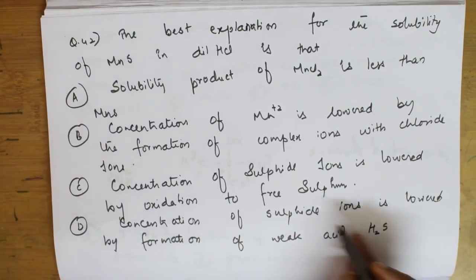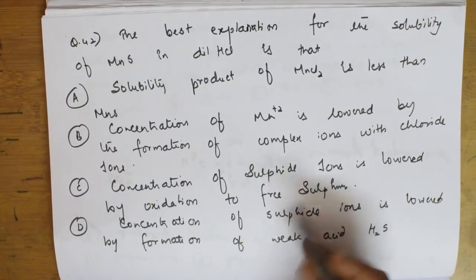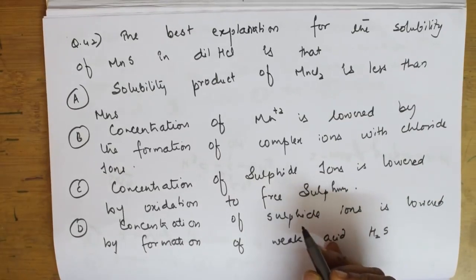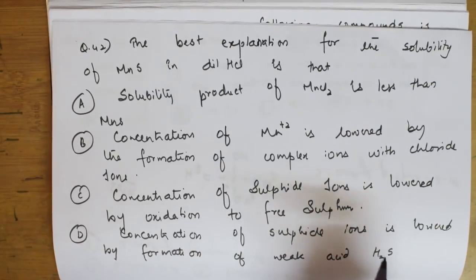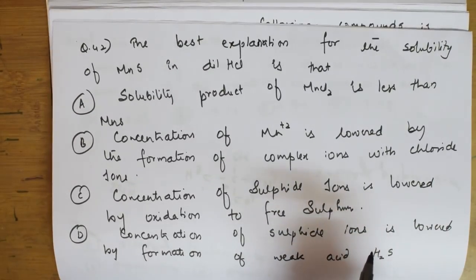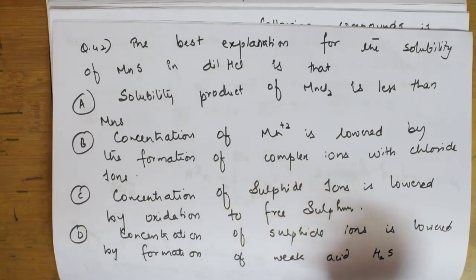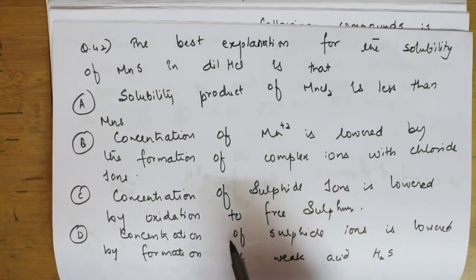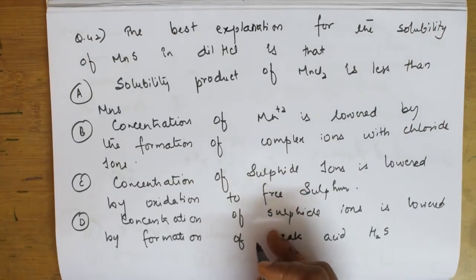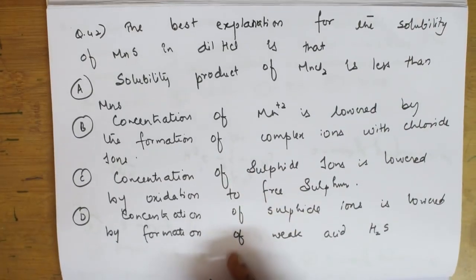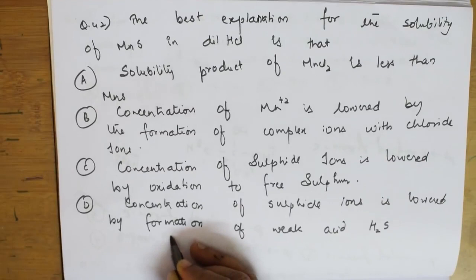So basically, we can use the concept of this particular whole thing to distinguish between manganese, nickel and cobalt. Right? So in this case, what happens? Manganese sulfide in dilute HCl, let us read the reaction first.